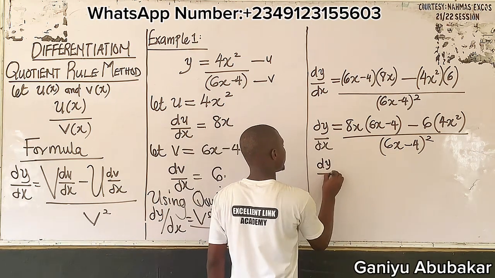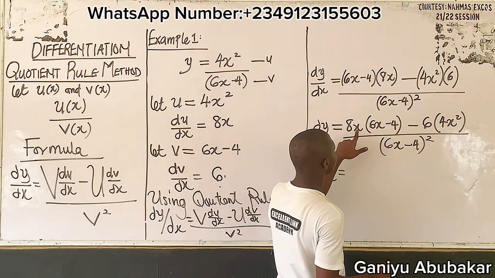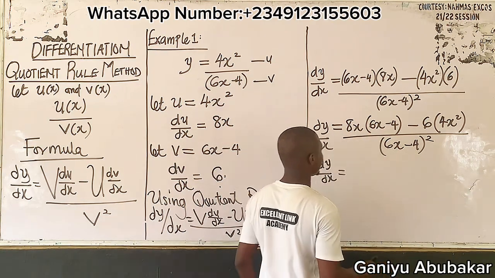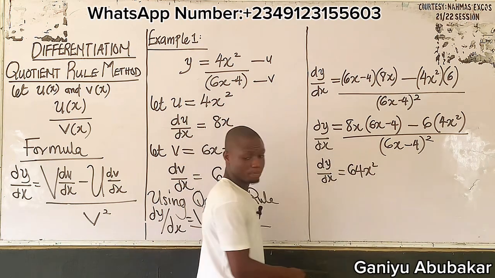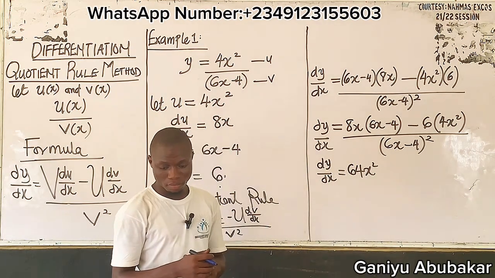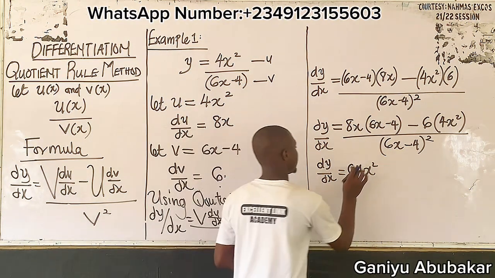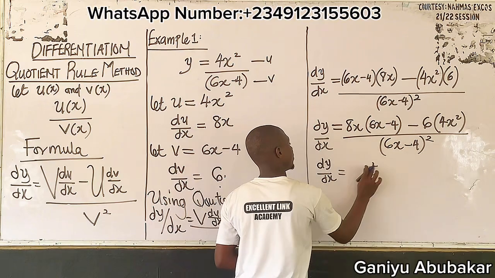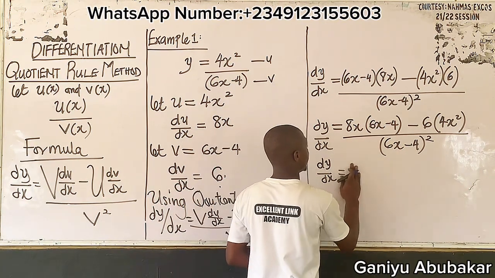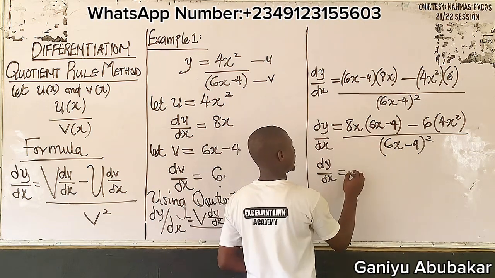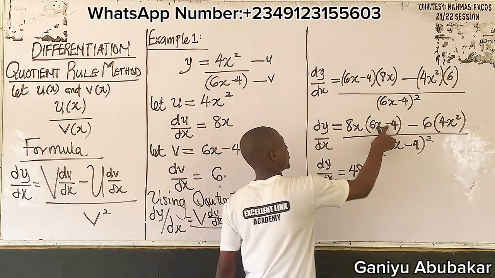Let's say I want to expand. I have that dy over dx will be equal to 8x times 6x. That's 48x squared, right?